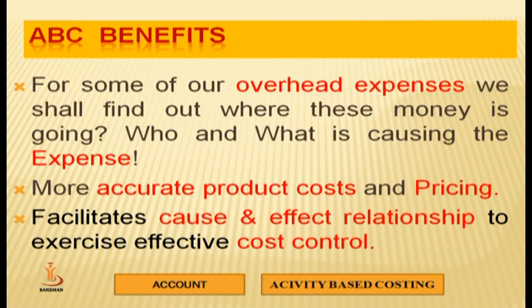What are the benefits of ABC? As ABC focuses on overhead expense, we can easily know who and what are causing the cost: which activity and which units are causing the main overhead cost.